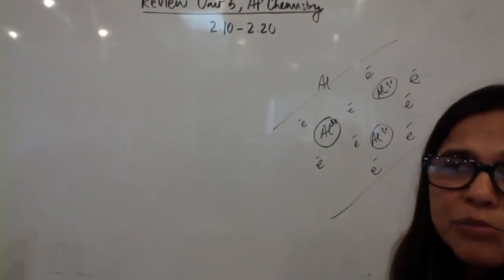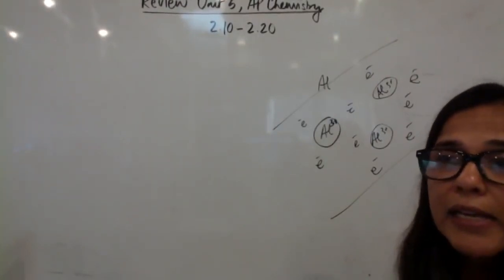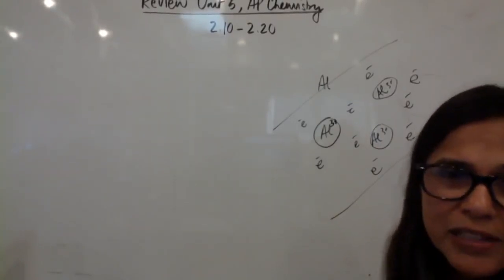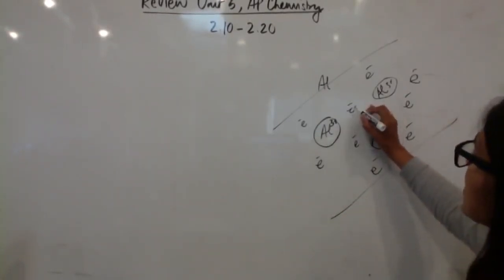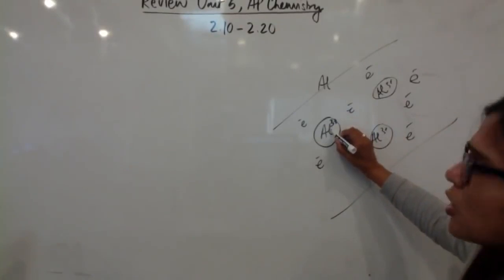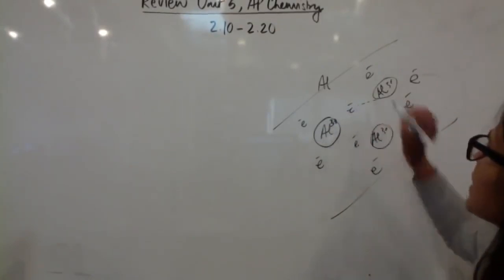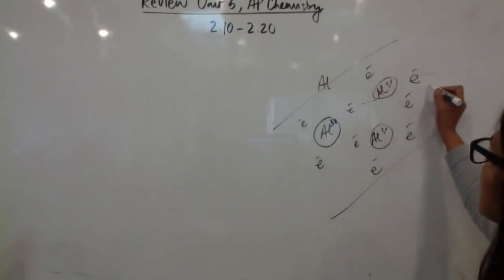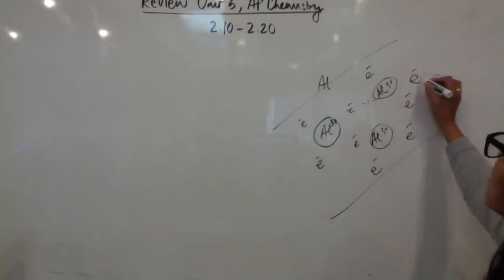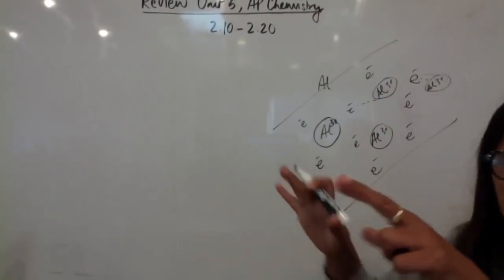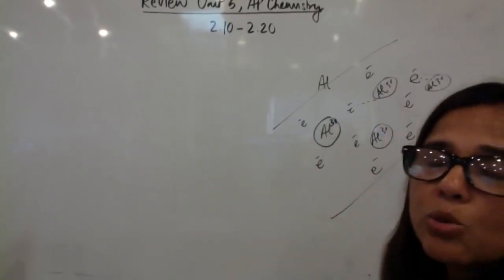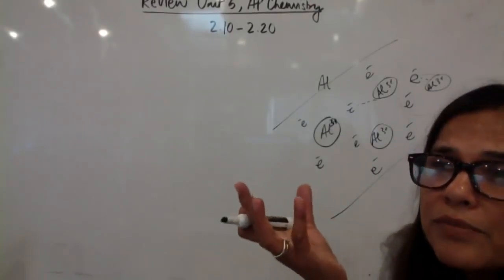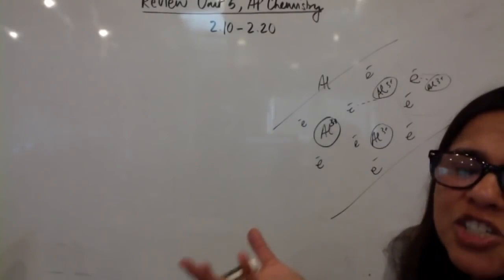Think of it as a community model of living, like children playing: whichever house they're playing next to, they go and get snacks from there. So if this electron, though originally it might have belonged to this atom, is close to this one, it might be momentarily attracted by it. Then when it comes here, it might be attracted by another aluminum nucleus. So there is this electrostatic attraction between the delocalized electrons and the positively charged atoms.